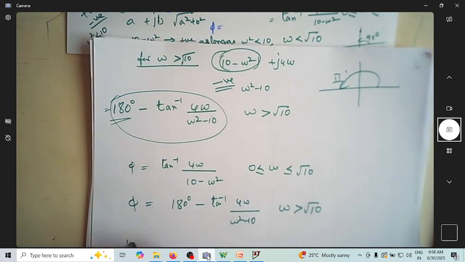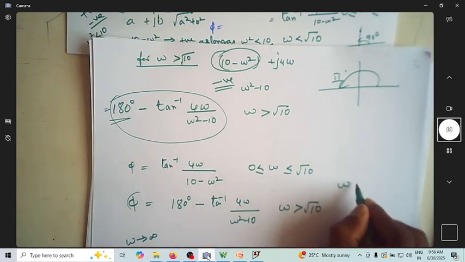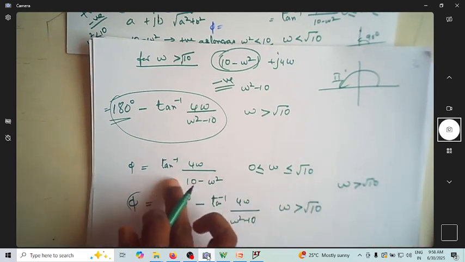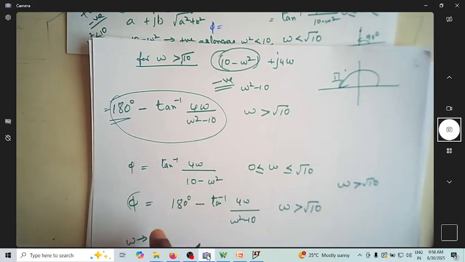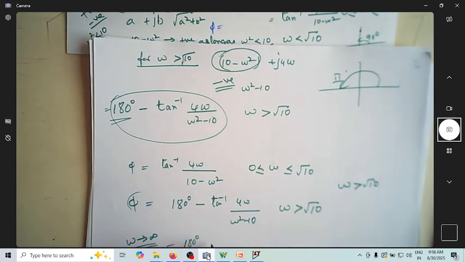Suppose the value of omega tends to infinity, which term do I have to take? For all values of omega greater than root 10, I have to use this equation. If omega tends to infinity, this will be 180 degree minus tan inverse of 4 infinity by infinity square minus 10.